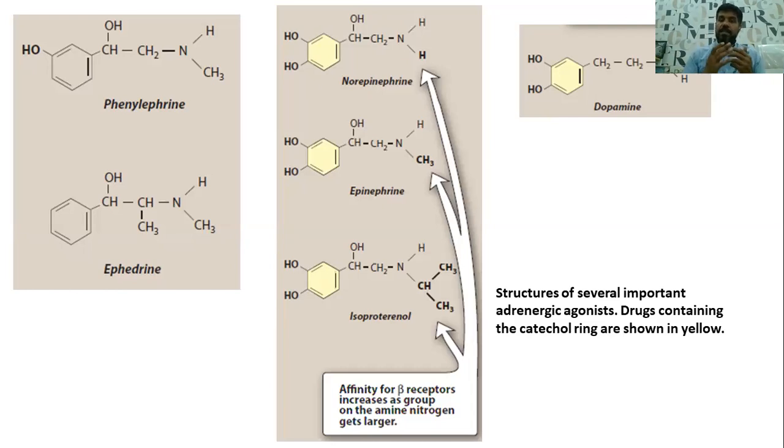So we have 3 or 4 main catecholamines. We have norepinephrine, epinephrine, or noradrenaline and adrenaline, and we have isoproterenol. And you can see this similarity in terms of the dihydroxybenzyl group, which is the cornerstone of this molecule.